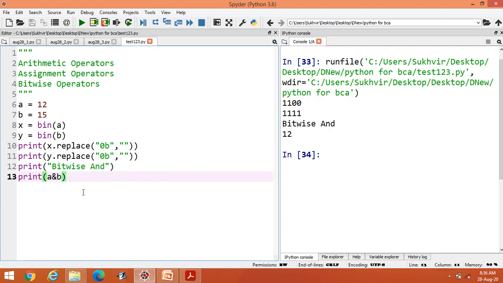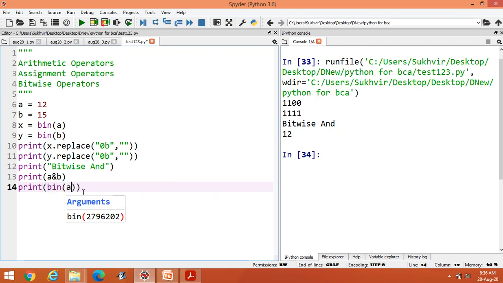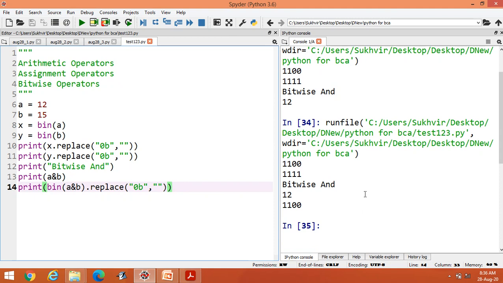Suppose I have to check the binary format of this value. Then what do I have to do? Print. I can write binary of a and b, then dot replace, like this. Now execute the program. You can check the content in binary format also.